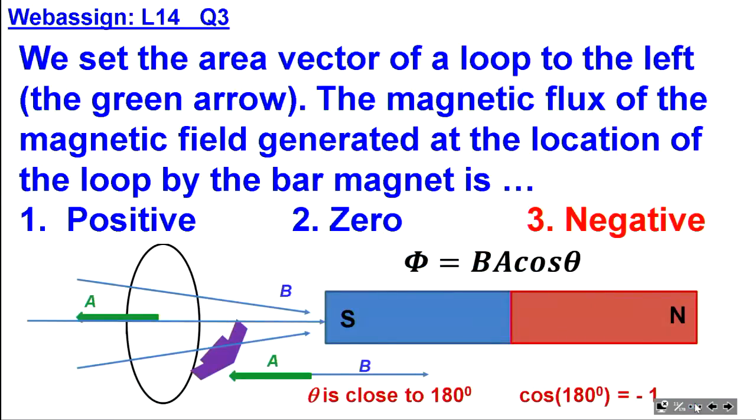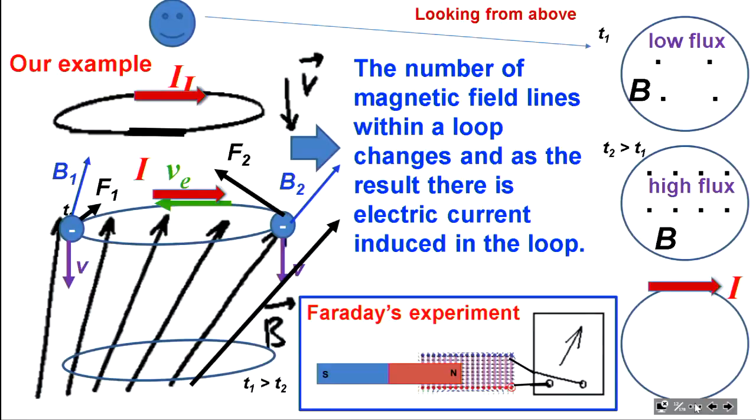Well, this is our original experiment. Remember the uniform magnetic field, non-uniform magnetic field, the loop. Do we have a loop?